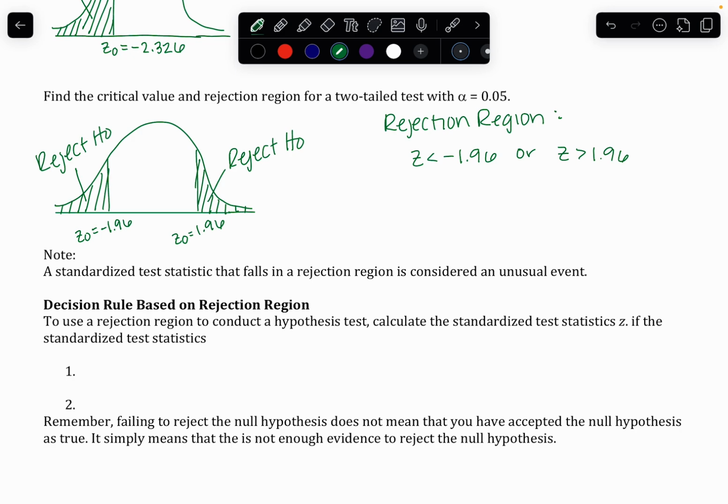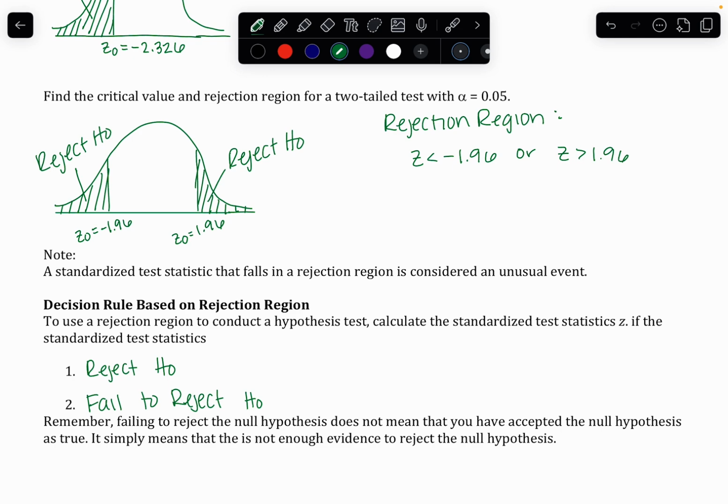Remember, our decision rule based on a rejection region is still the same. To use a rejection region to conduct a hypothesis test, calculate the standardized test statistic z. Then we can either reject the null hypothesis or fail to reject the null hypothesis.